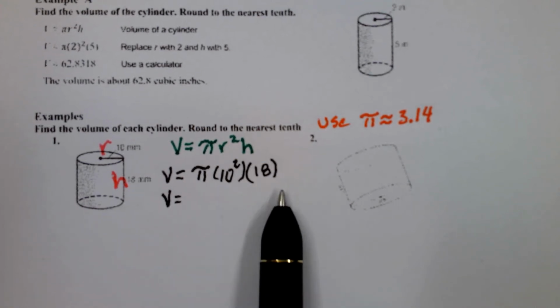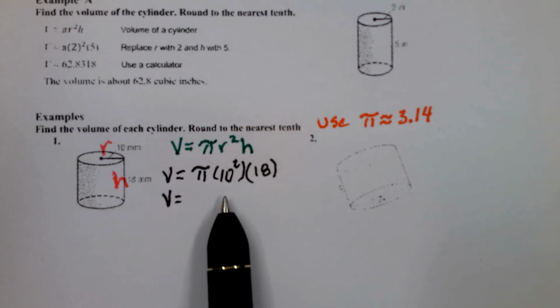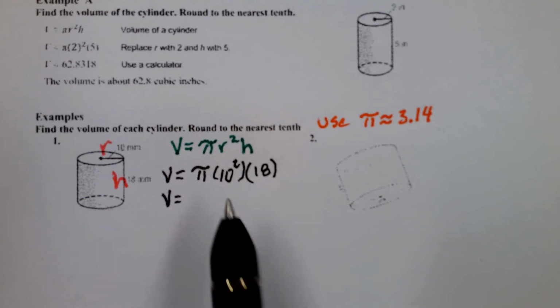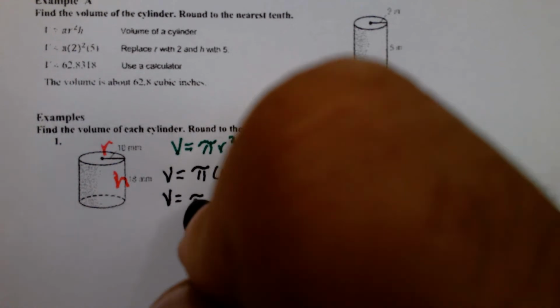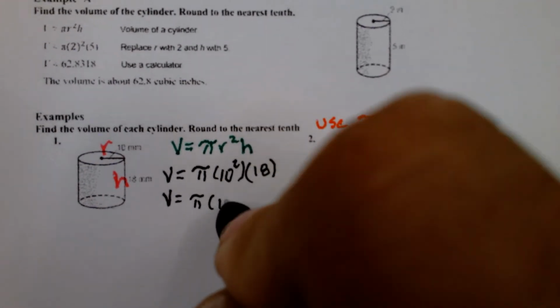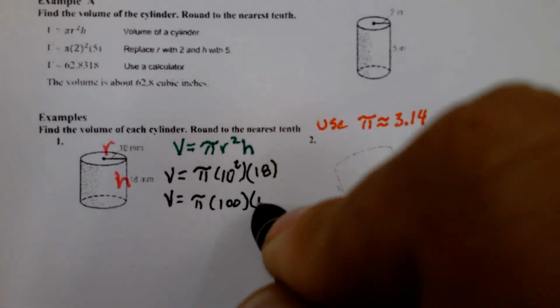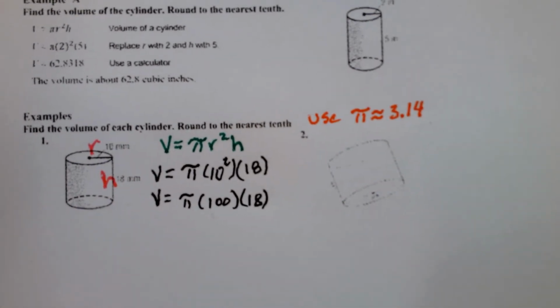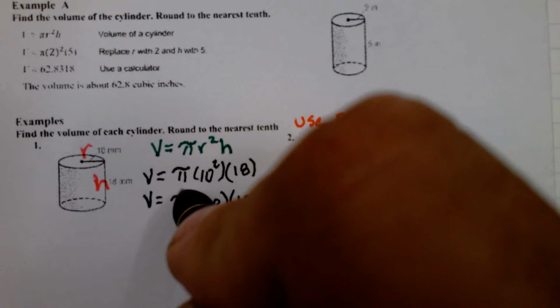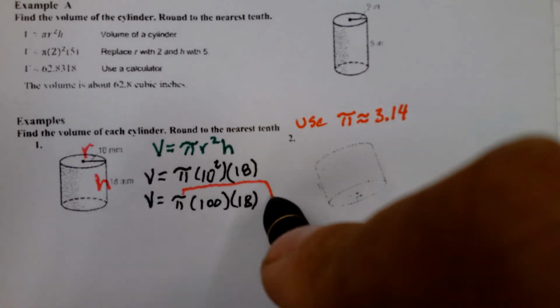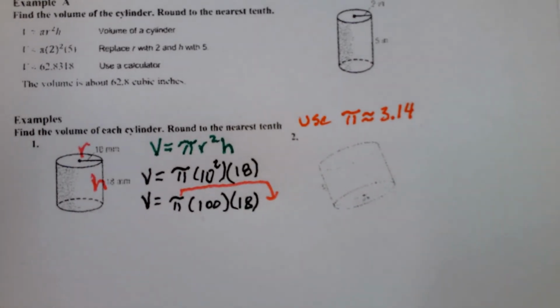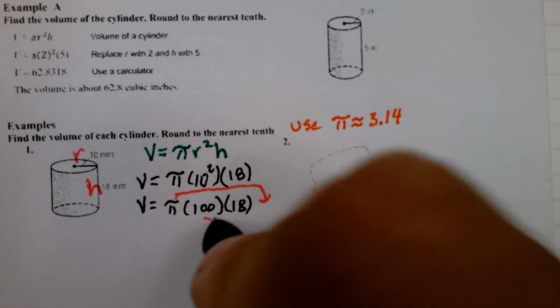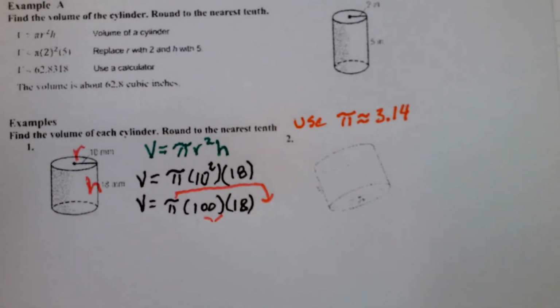I got 10 squared, and I got times 18. 10 squared is 10 times 10, so it's 100. So now I have pi times 100 times 18. I'm going to do two things for my final answer here. I'm going to move pi to the end because I want my answer in terms of pi. And I'm also going to multiply 100 times 18.